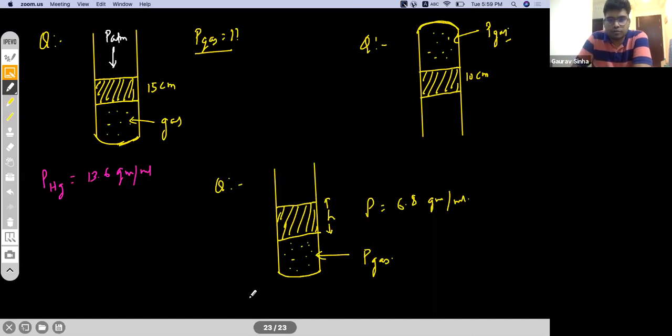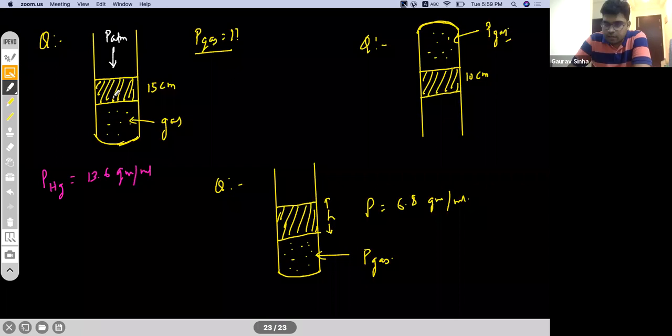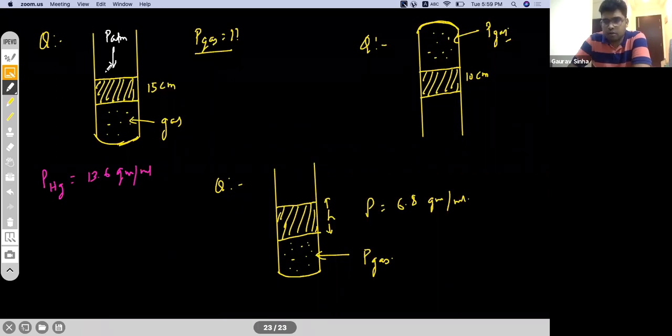Hello, are you there? Because of this liquid column, the pressure is in downward direction or upward direction. I have already told you that the pressure because of liquid is due to the liquid which is above, right? So this liquid column, 15 centimeter of it, will exert pressure in downward direction.